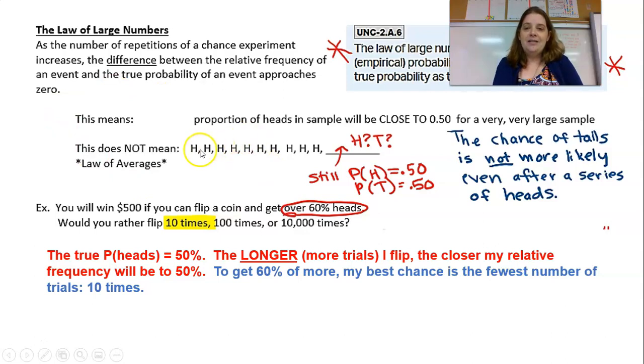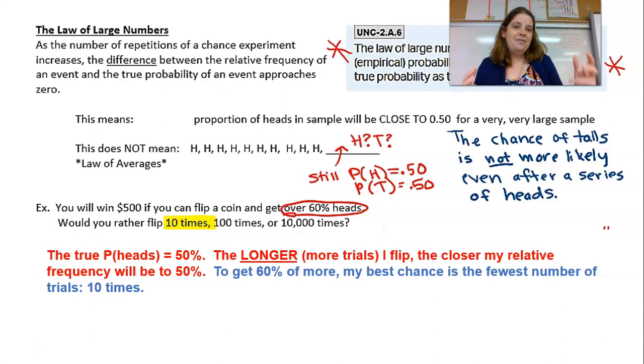But what that doesn't mean is that I've gotten a whole bunch of heads in a row, I'm on this hot streak here, and I've gotten all these heads in a row. It doesn't mean that the chance of tails is more likely or that the chance of heads is more likely, because probability doesn't owe me anything. The coin can't look back and go, oh no, I've been heads the last 9 times. I better be tails this time because eventually I've got to work out to 50%.